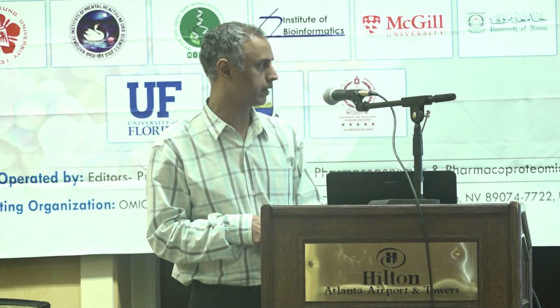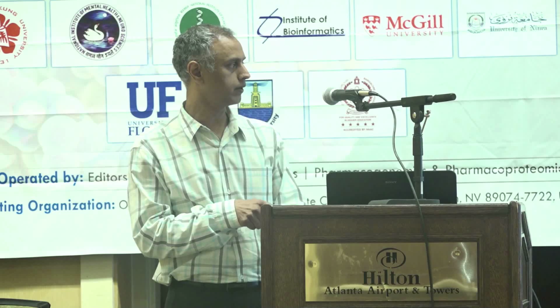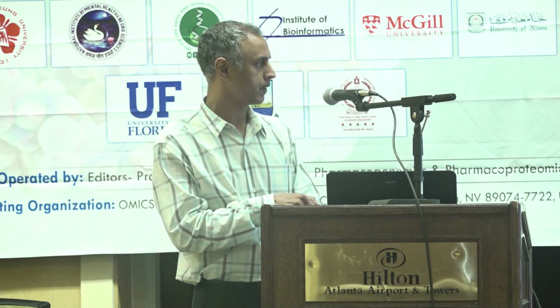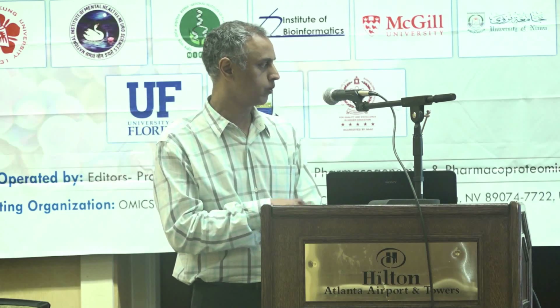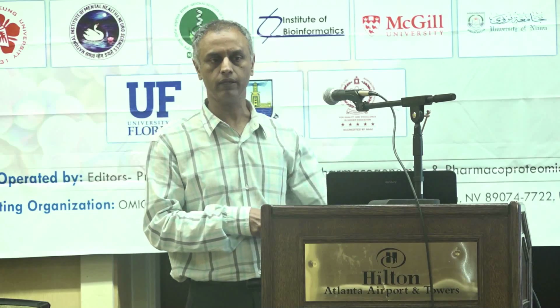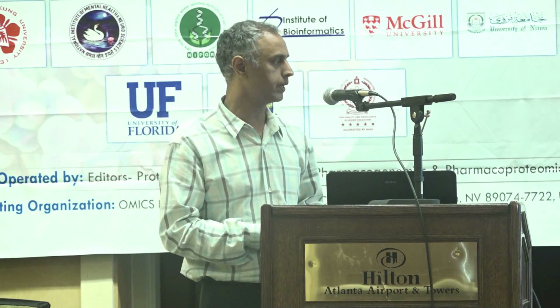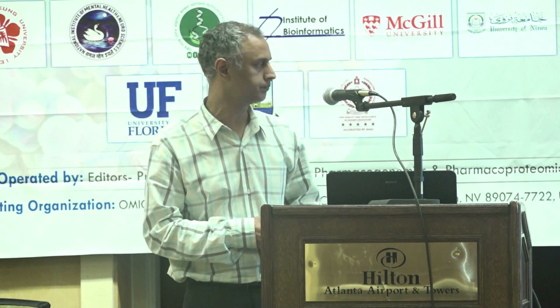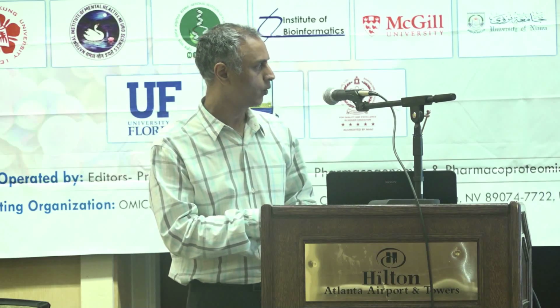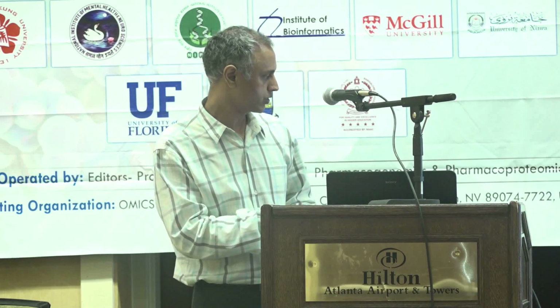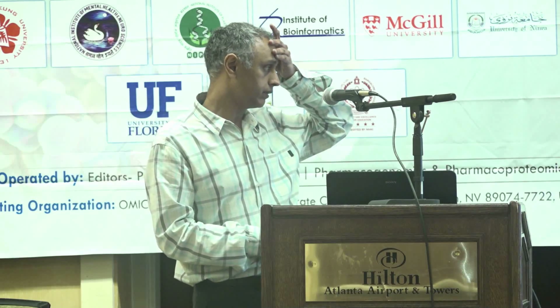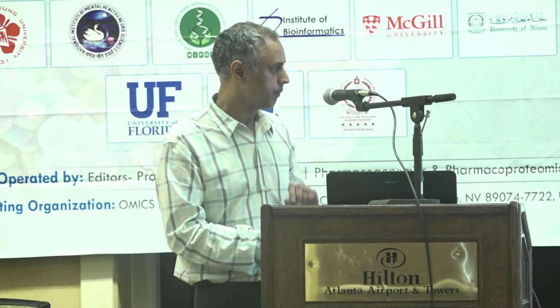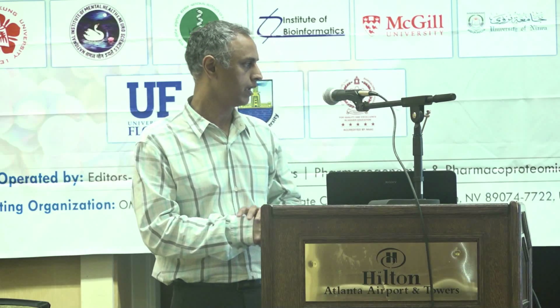So here, this is work that we have done in India, where more than 200 samples with all different kinds of resistance phenotypes have been collected, and we have done whole genome sequencing for half of them.